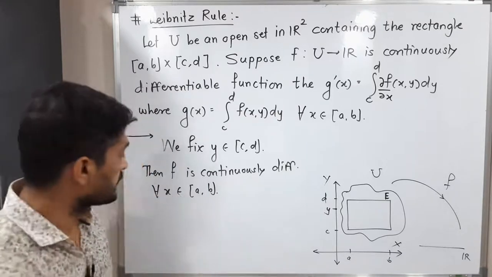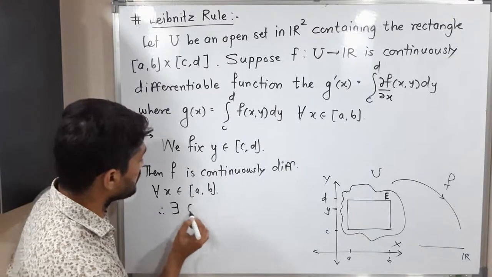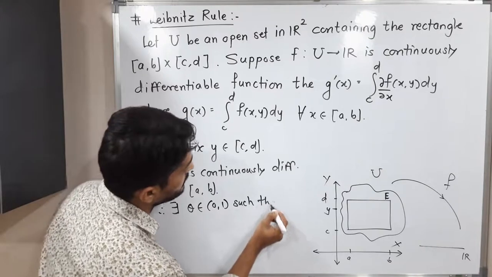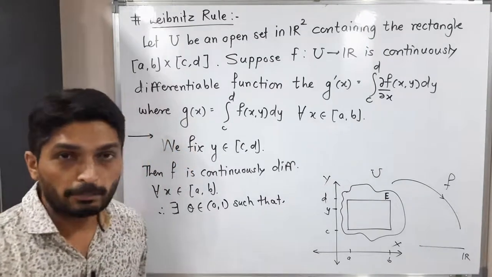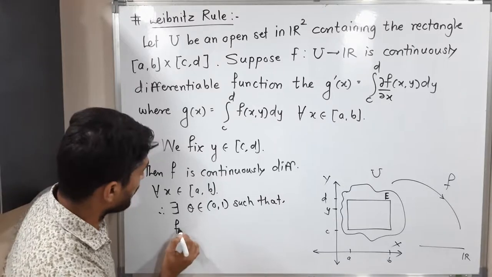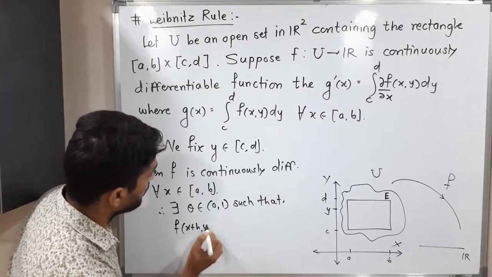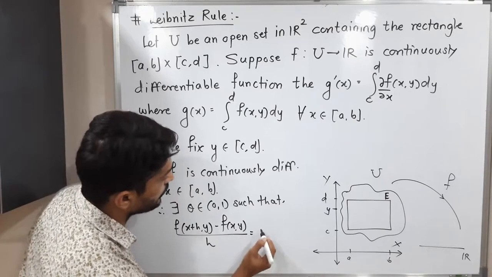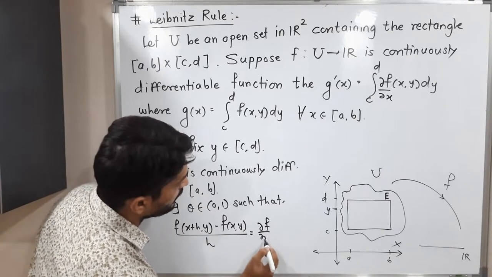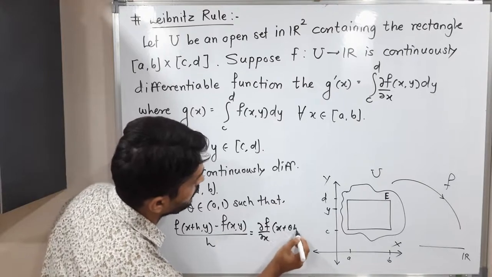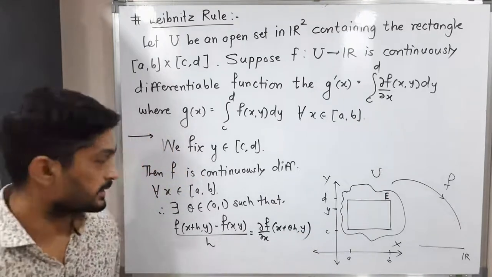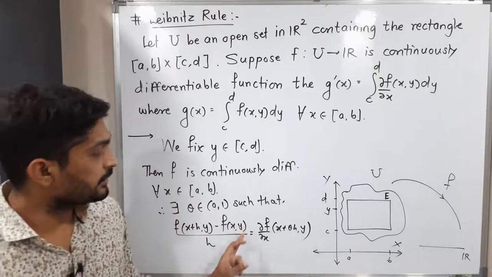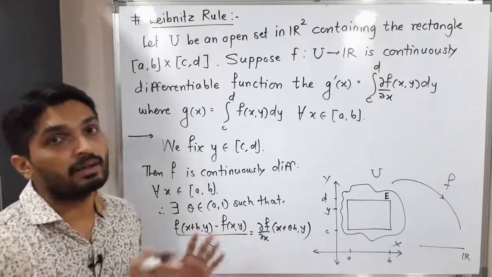Therefore, there exists theta belonging to the open interval (0,1) such that, simply using the statement of the mean value theorem, (f(x+h,y) - f(x,y))/h is equal to the derivative of f with respect to x at (x+theta h, y). We will have this one. See, theta belongs to the open interval (0,1). Very important thing: here y is fixed, but x can vary, so we apply the mean value theorem.